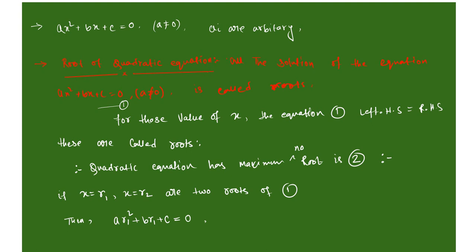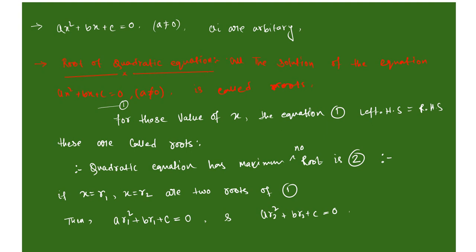And similarly a r2 square, b r2, c is equal to 0. Because they are roots, both values are 0. So the roots are those values of x for which this expression is 0, the roots of the equation ax square bx plus c equal to 0.